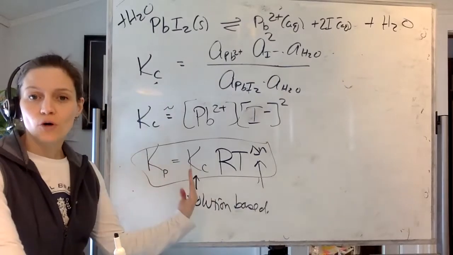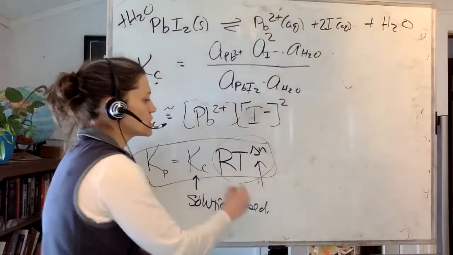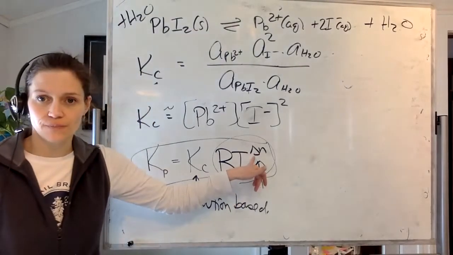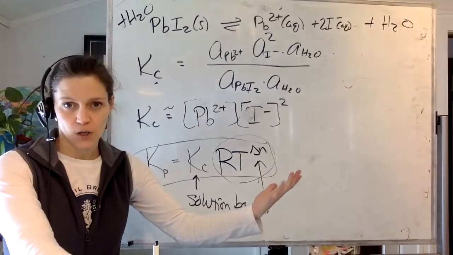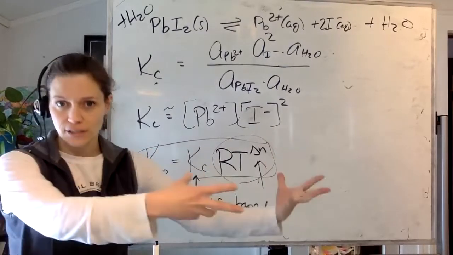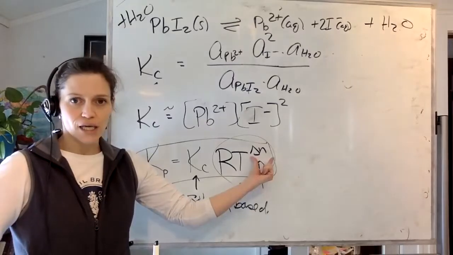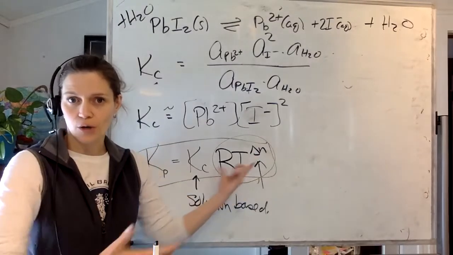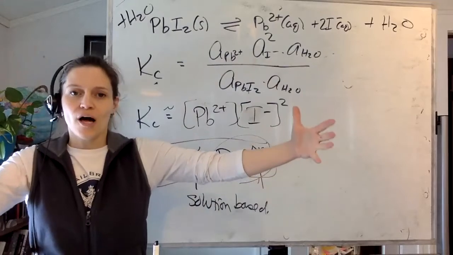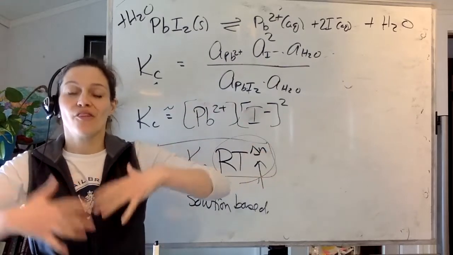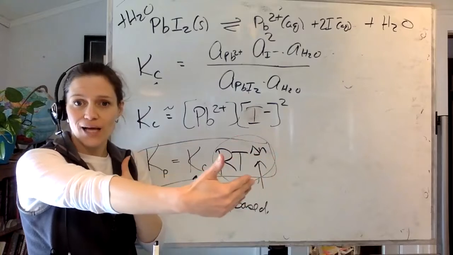So what you're doing is you're multiplying the ratio of the activities by RT raised to the delta N. So this means if you have an increase in the number of gas particles present from going from reactants to products, wherever your equilibrium is defined, you are raising it to a positive number, which means you are multiplying by RT per mole of gas that's created. Think about the per mole work associated with that change in the number of gas molecules.